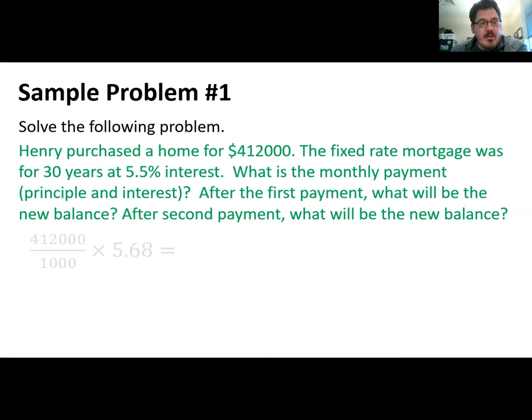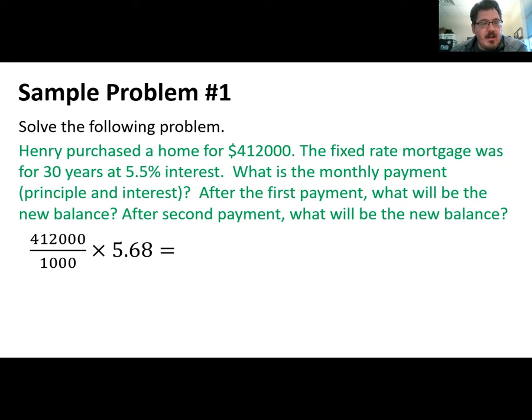If you remember back in the previous video, we used a formula to help us do that. In the formula, what we do is we take the amount of the mortgage loan. So again, for this particular situation, the loan is $412,000. We divide that by 1,000, and then from the mortgage table, we pull the table factor out.